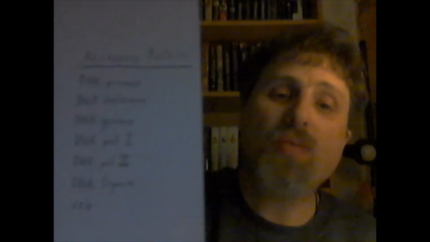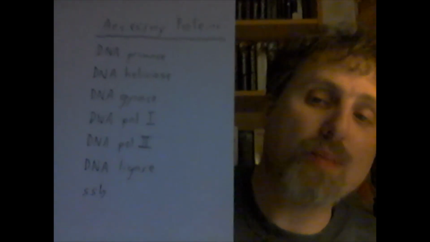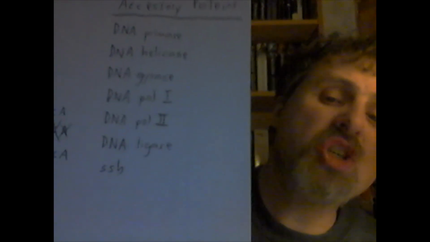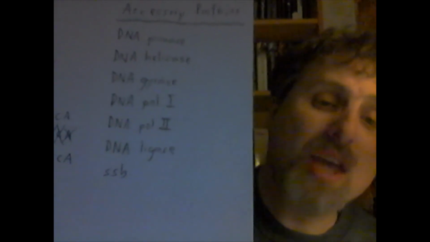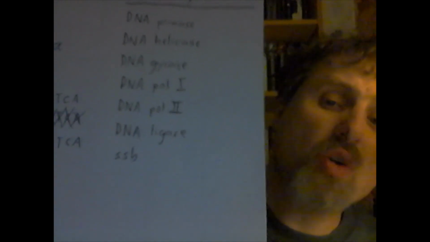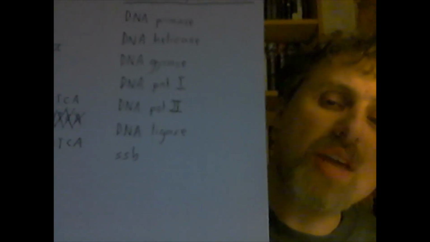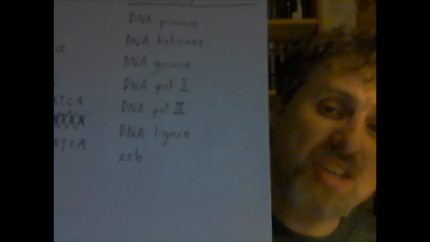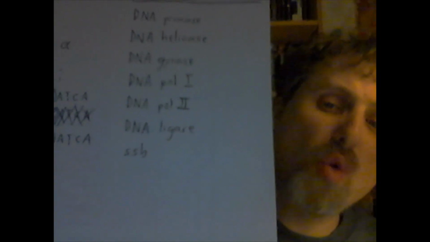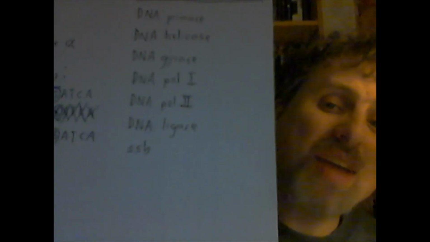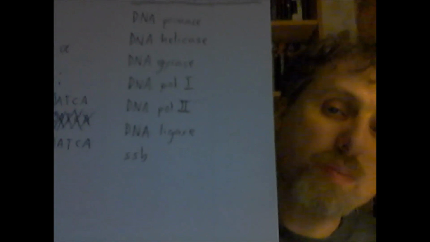The answer to that is that you attach it to a tiny molecule called the primer. DNA primase builds a short segment of RNA called the primer. The RNA primer serves as the anchoring point for the first nucleotide in the DNA sequence. So we need a primer before we can begin building new DNA, and DNA primase assembles that.